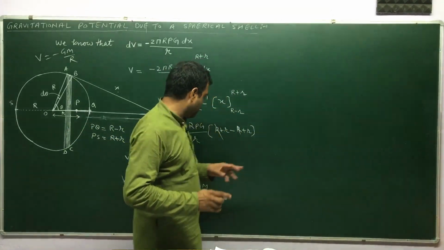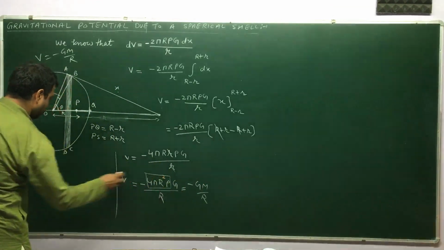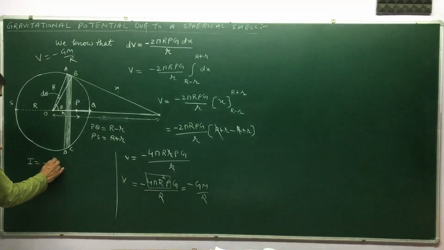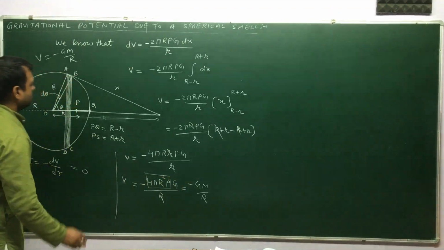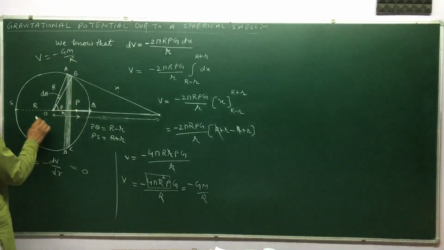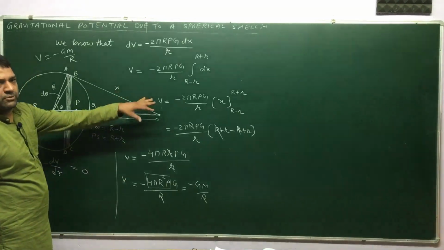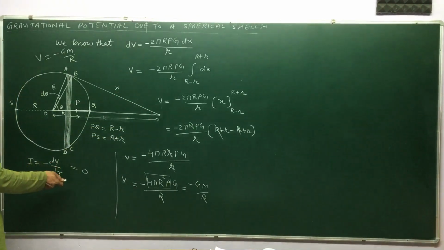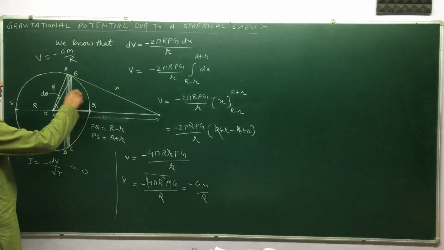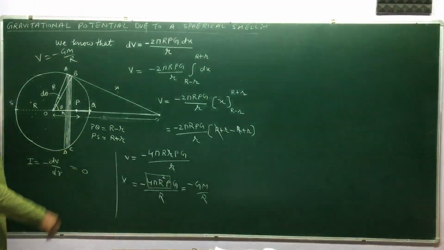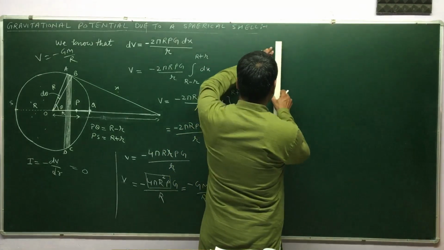And if we derive the formula for gravitational field strength I using the relation minus dV by dr equals I, you get 0 because this is a constant quantity. So here gravitational field strength is 0 inside this shell and proportional to minus 1 by r square outside the shell. But gravitational potential is a constant quantity. So whether the point is lying on the surface or anywhere inside the shell, you get the same gravitational potential.